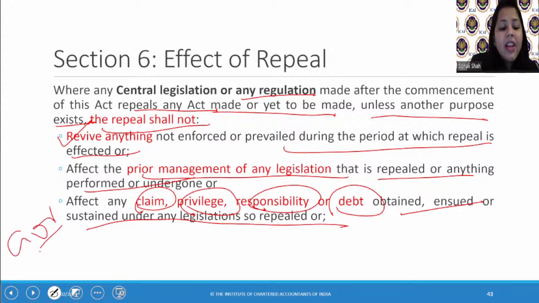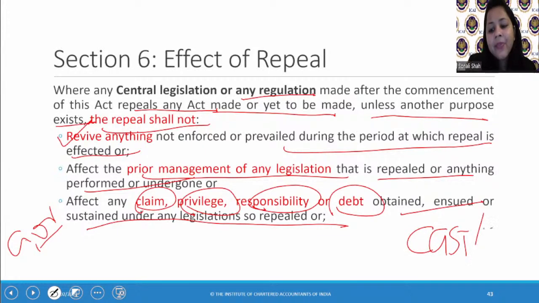So any civil liabilities that were incurred in the previous legislation and already determined. So let's say earlier there was VAT, there was service tax, things like that. And now we have CGST and SGST, correct? Now we do not have the concepts of VAT, service tax, excise, all of these have been repealed.